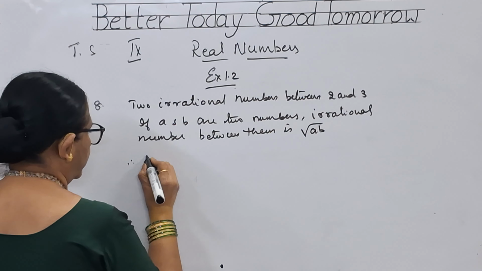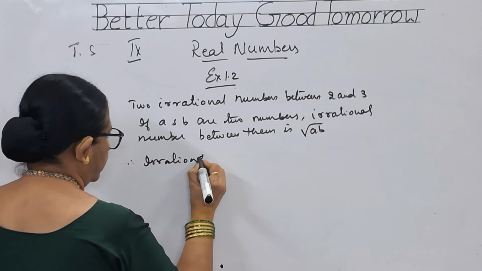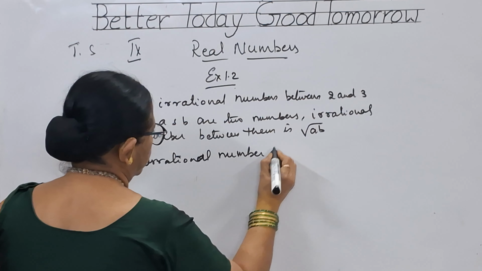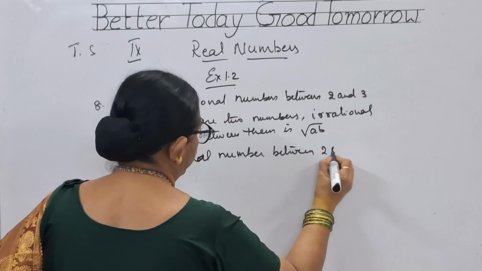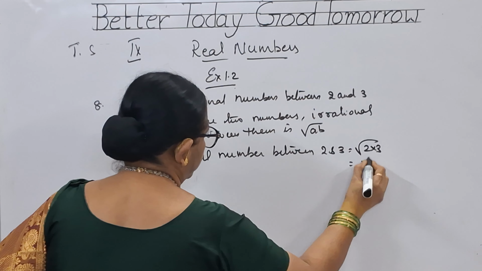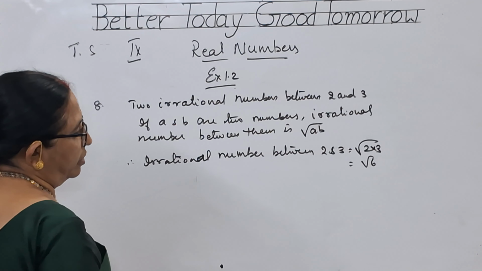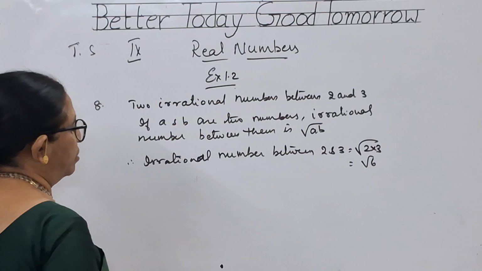Therefore, irrational number between 2 and 3 is equal to root 2 into 3, that is root 6. So you have got one irrational number between 2 and 3. Now we need another irrational number.